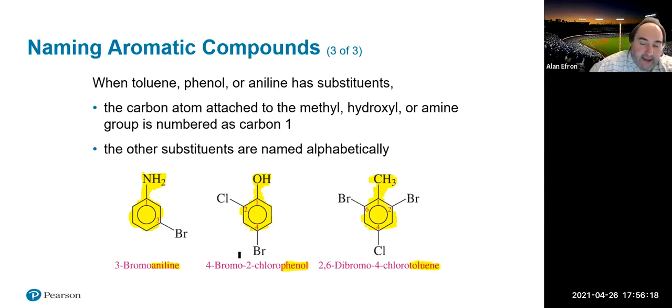And again, at that point, the methyl is carbon number 1 in terms of the ring, and we number everybody else accordingly. Going clockwise here, looks like we get a 2, a 4, and a 6. And going counterclockwise would get us the same sort of numbering. So it really doesn't matter in this case. You kind of go either way. And again, the rest of the groups are numbered accordingly. Questions on that there?